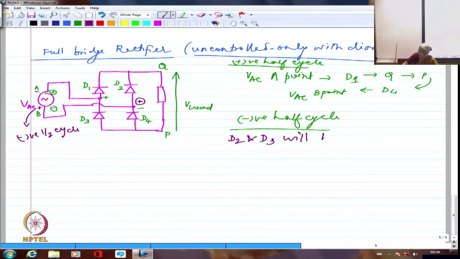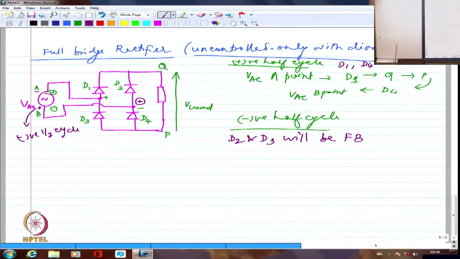Right? So you can definitely write the path again. It will go through D2, Q, P, and then it will return through D3 and then go back to the negative, which is, A is now negative and B is positive in the AC supply. So you are going to have the other way round. Let me write again the path.